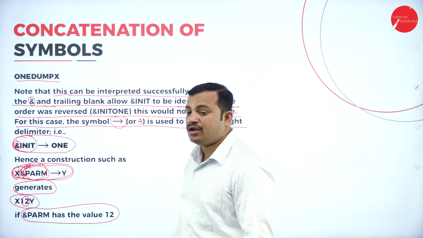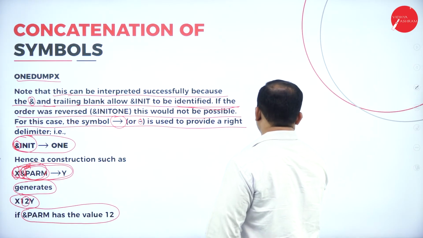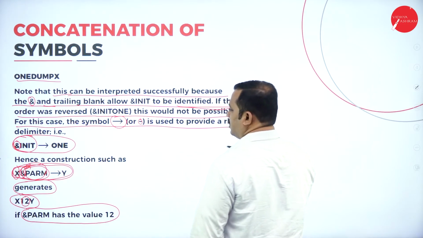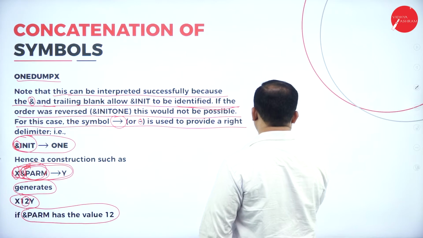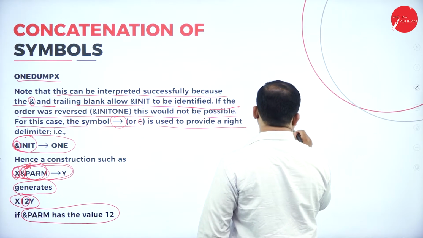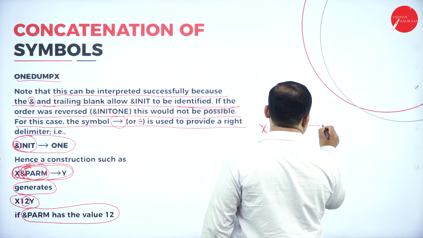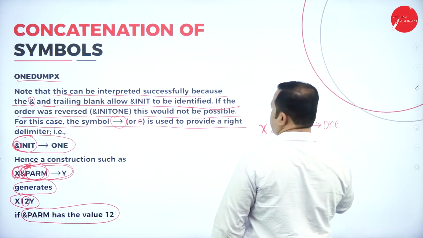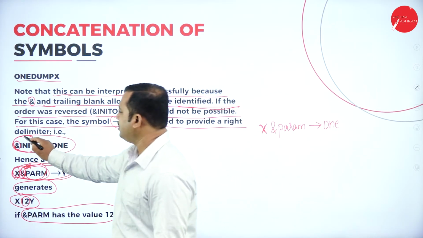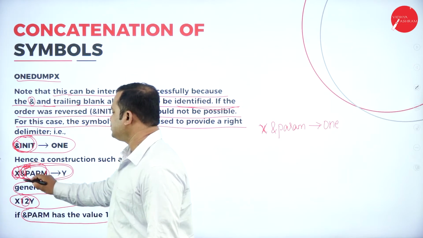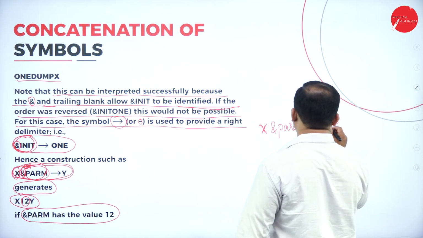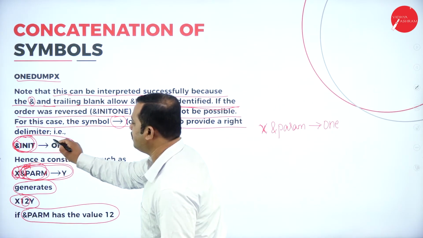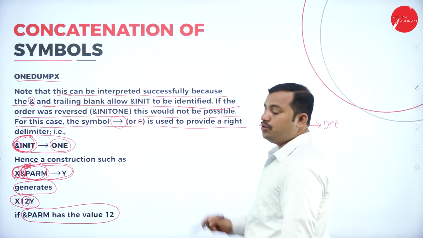So we have the location that is X. Let me write it down in capitals: X&param tending to 1. See here, we have init tending to 1, then X&param tending to Y. But in this case, it is associated with which macro? With the macro 1.